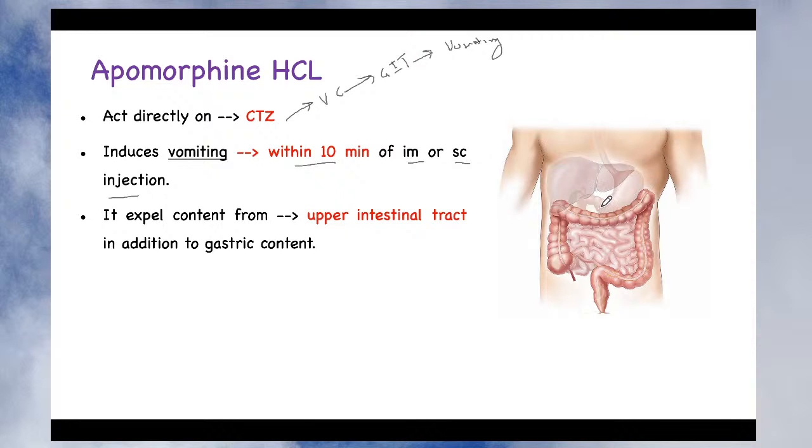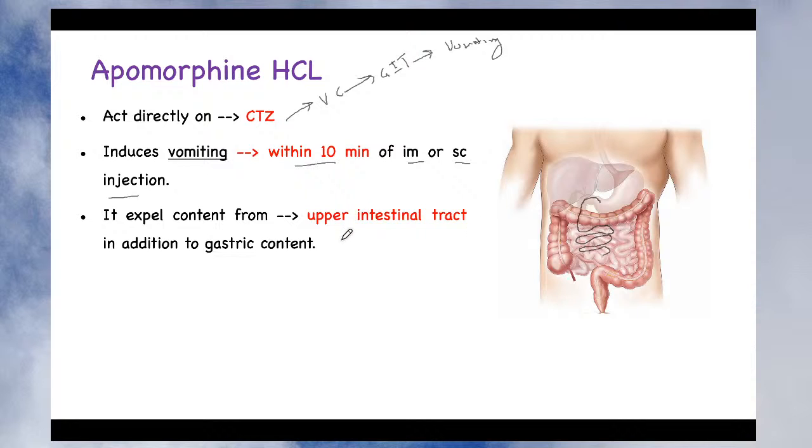But if some time has lapsed, then from there it will go into the small intestine, right? In case some content goes into the small intestine, your emetic drug must have the ability to remove the GIT content not only from the stomach but also from some part of your gastric tube, that is, your small intestine. Otherwise, once it goes to the small intestine, it will be absorbed into systemic circulation.